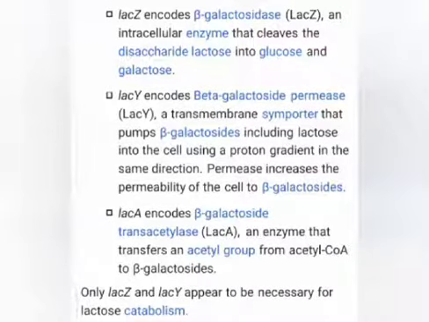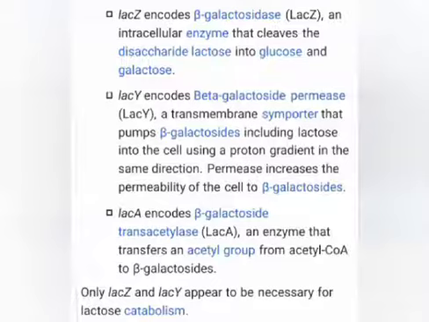LacZ encodes beta-galactosidase, an intracellular enzyme that cleaves lactose to galactose and glucose in the hydrolytic reaction. LacY encodes beta-galactoside permease, a transmembrane enzyme that pumps beta-galactoside, including lactose, into the cell.